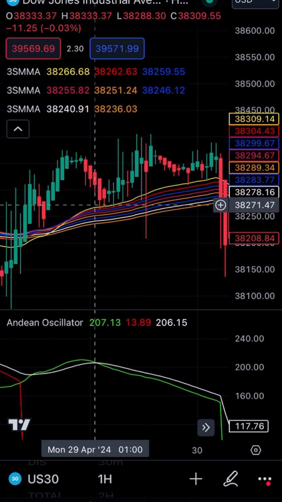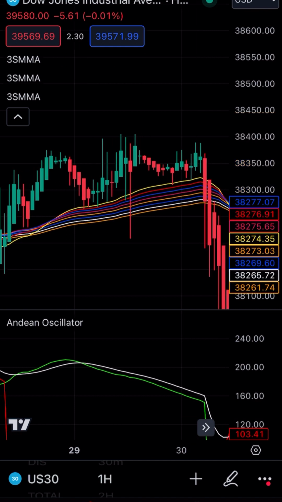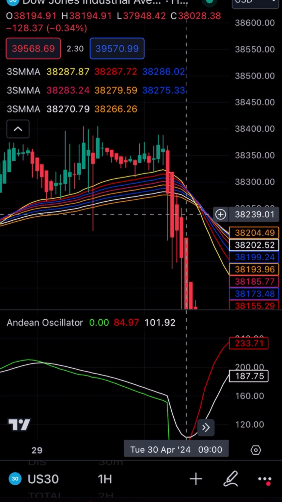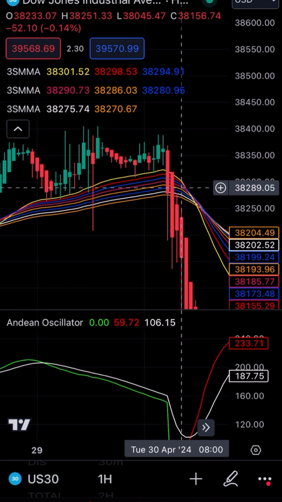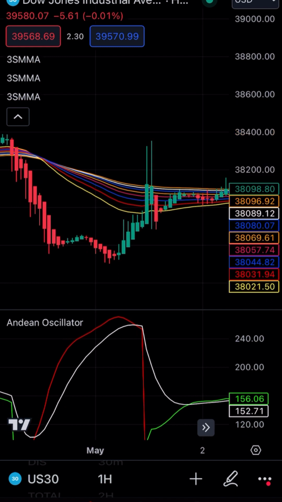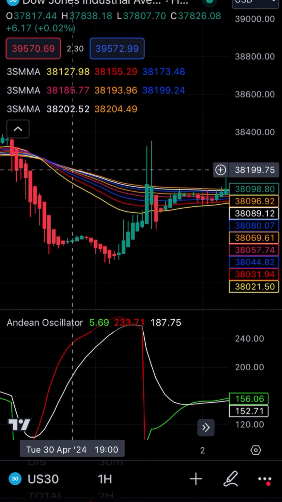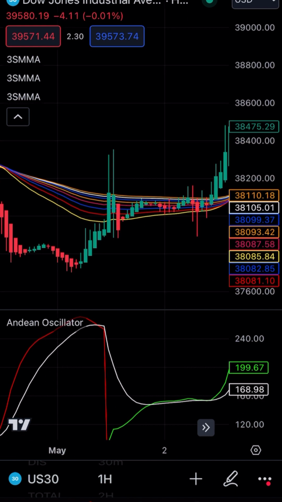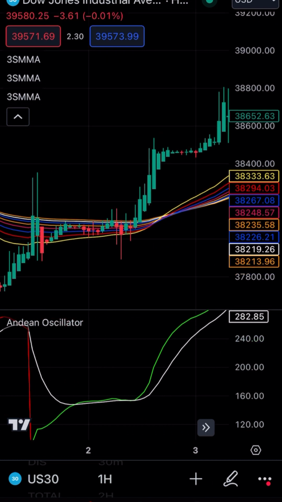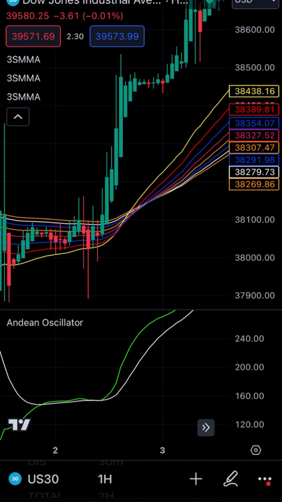So we see the 2025, it's crossing up again here. So we're in a bullish trend right about here until the 2025 starts touching right here, and then it starts going down again. Then it starts straightening out again, and then we're in a downtrend. And the moving averages, the lines, they start going straight.